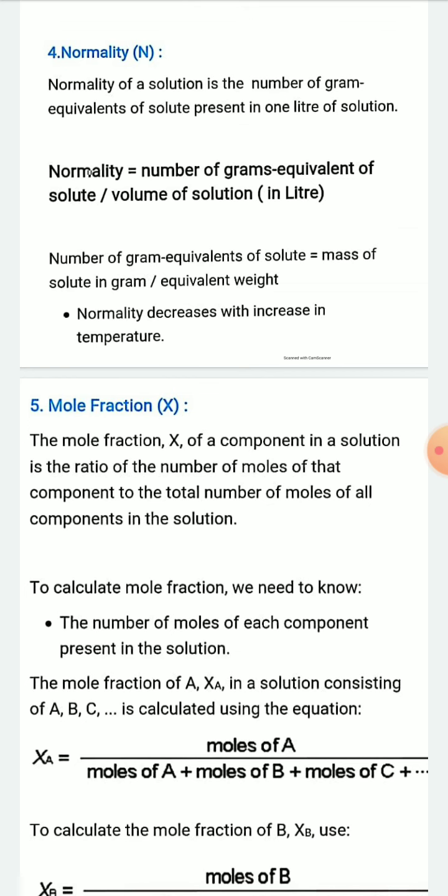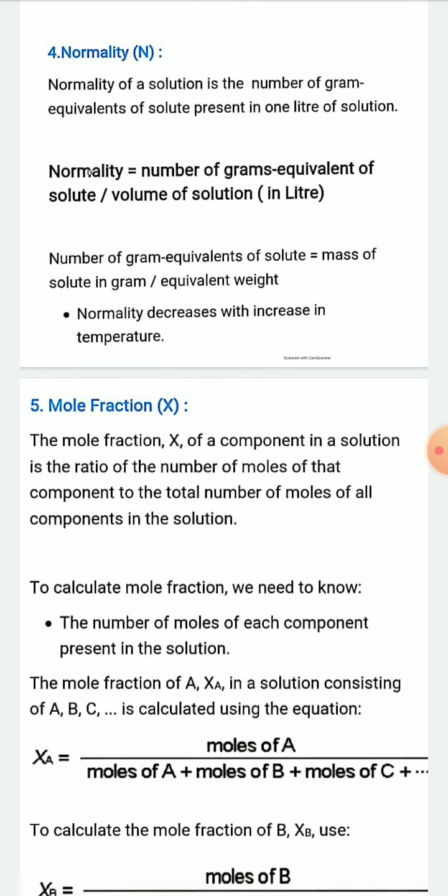Now how to calculate number of gram equivalent? Last day I discussed how to calculate equivalent weight. Number of gram equivalent of solute is equal to mass of the solute in gram divided by equivalent weight of the solute.